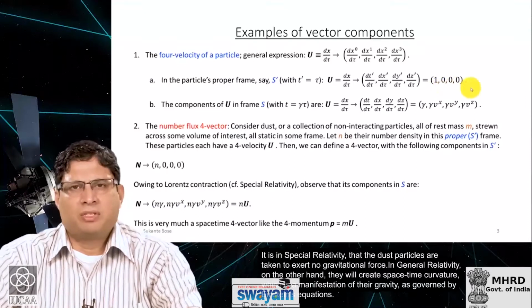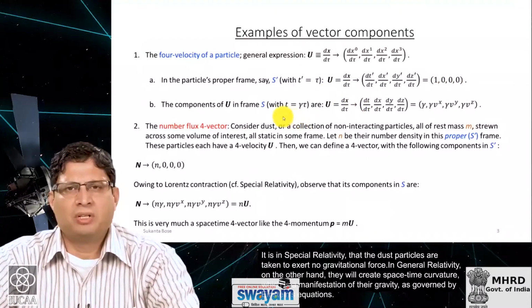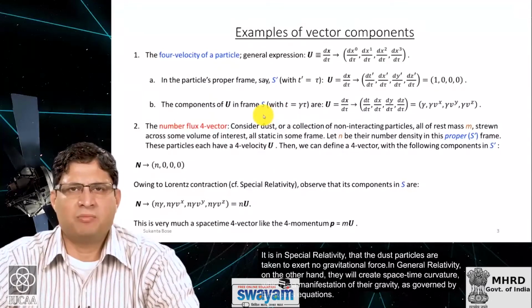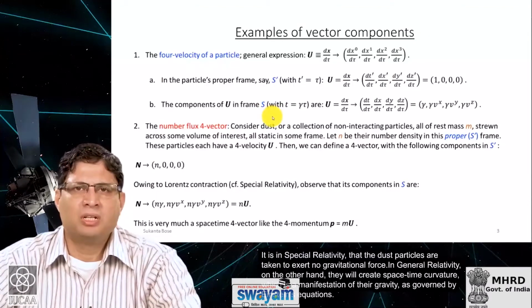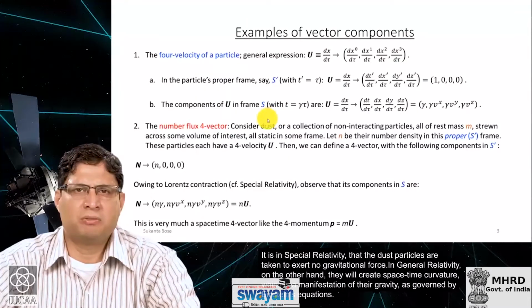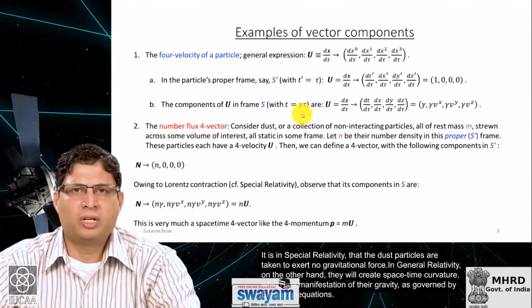The same velocity vector, when its components are examined from a different frame, which we call the S frame, something I have been calling the lab frame or the classroom frame, then because the particle is traveling with respect to S, it has a boost given by the Lorentz factor gamma. So, that tells us that the time coordinate of this frame S is just gamma times the proper time.